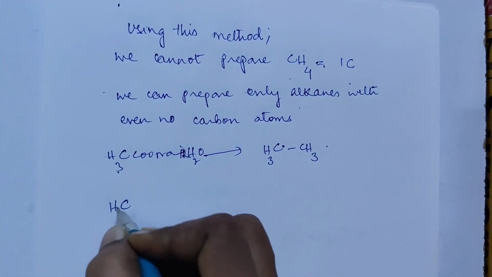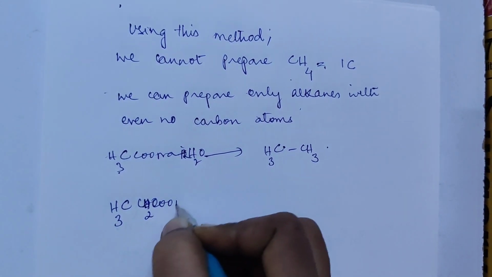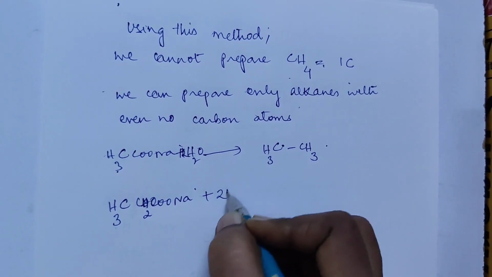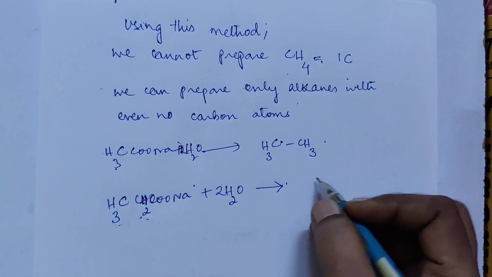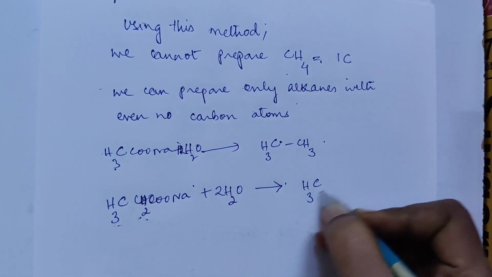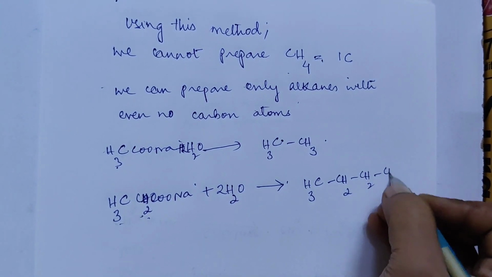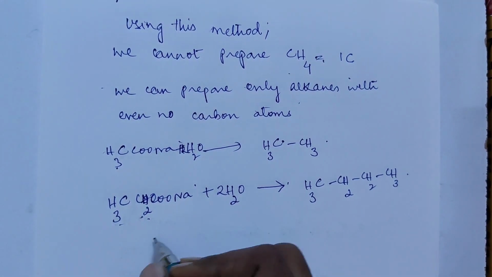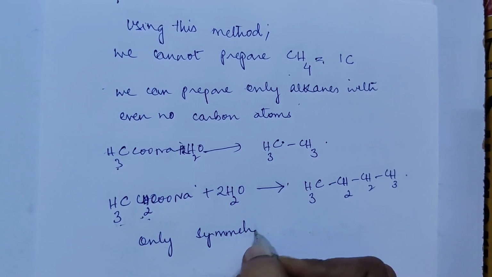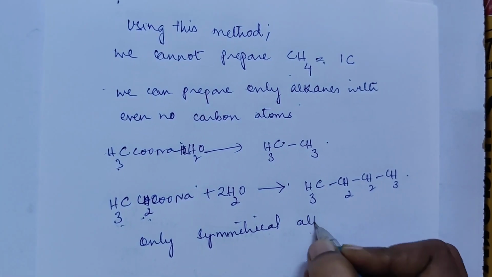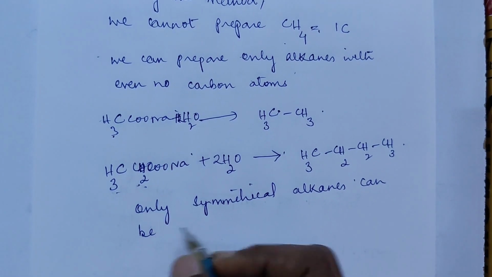And if you take propanoic acid, sodium propanoate, CH3CH2COONa, there are 2 carbon atoms over here. So we are going to get 4 carbon atoms in the product, that is CH3CH2CH2CH3. So only symmetrical alkanes can be prepared.